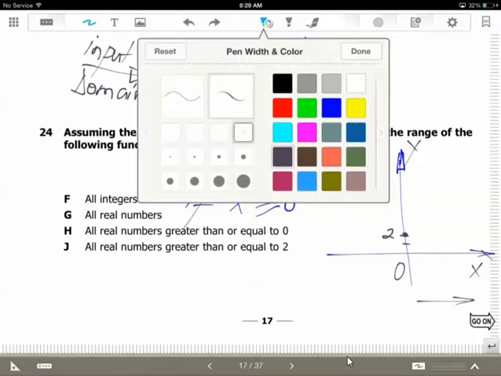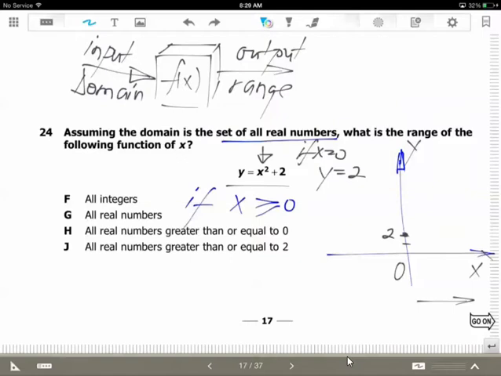How about giving negative values to x, if x is less than 0? For example, x equals, let's say, negative 1. Y will be what? Well, negative 1, everything squared, plus 2.